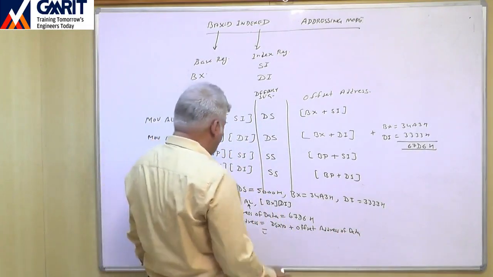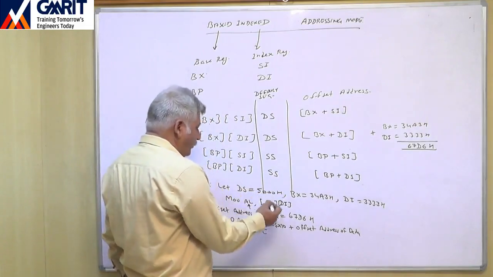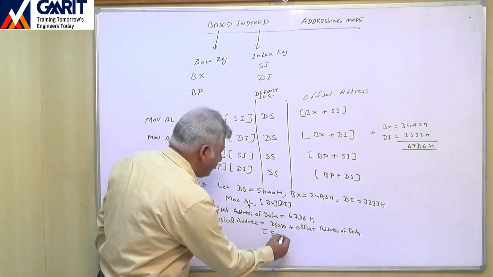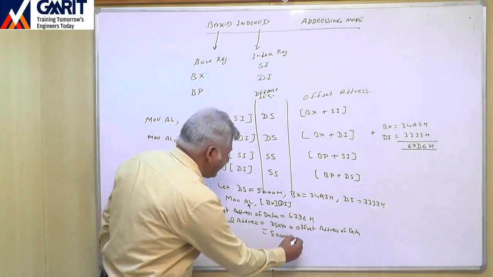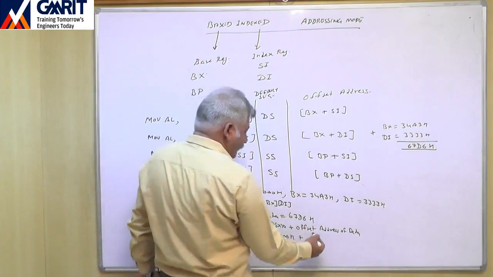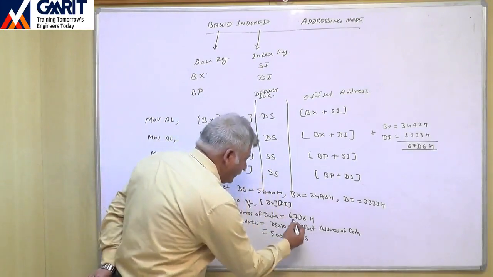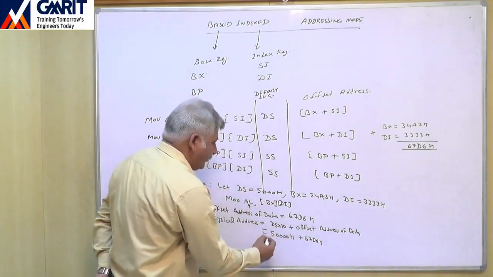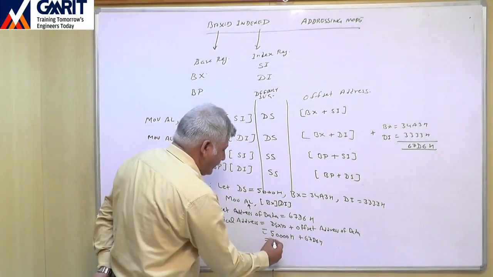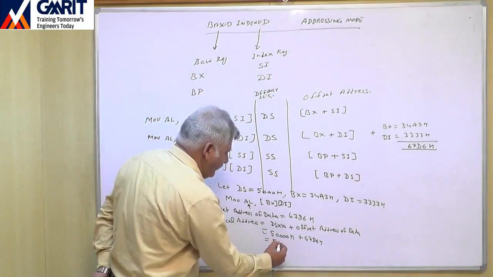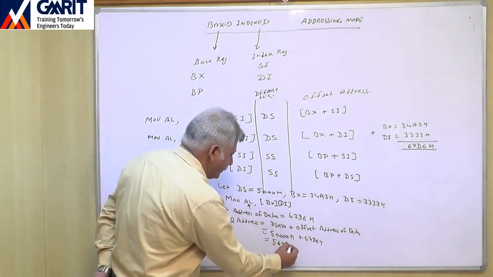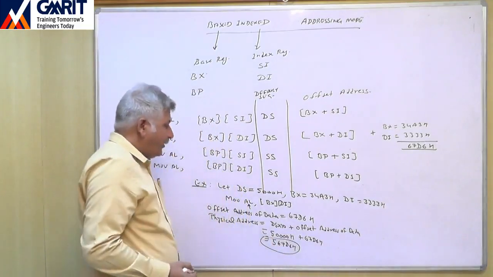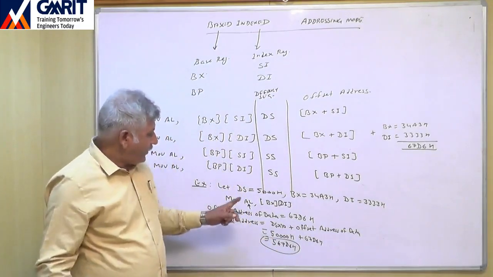The data segment register has a value 5000, multiplied by 10, so we get 50000H, plus the offset address we already calculated, 67D6H. When we add these two, we get a physical address of 20 bits, that is 567D6H. From this physical address, data will be moved into the AL register.